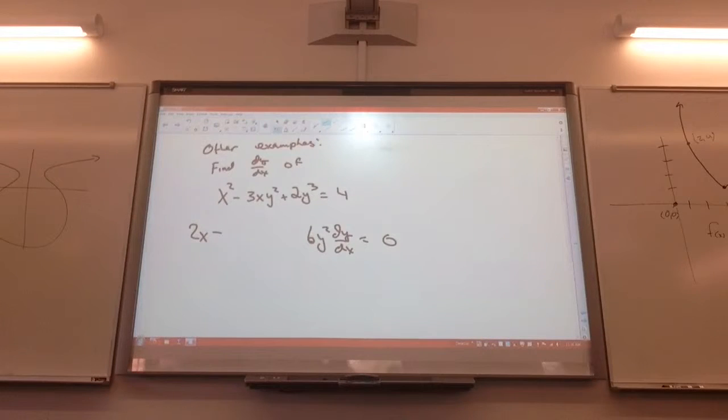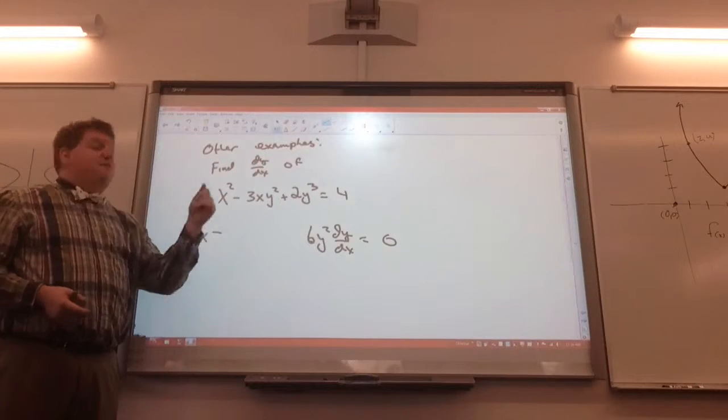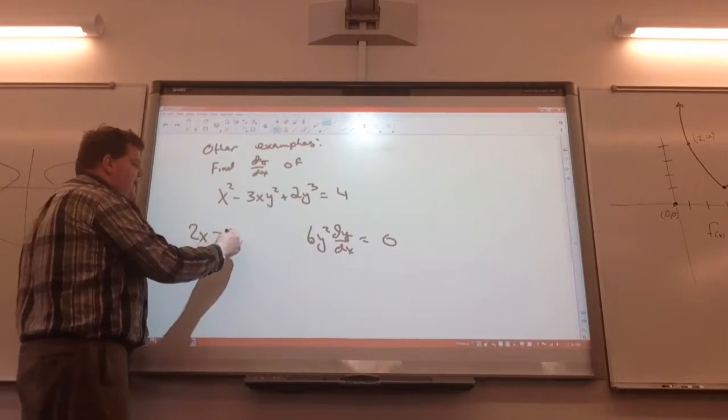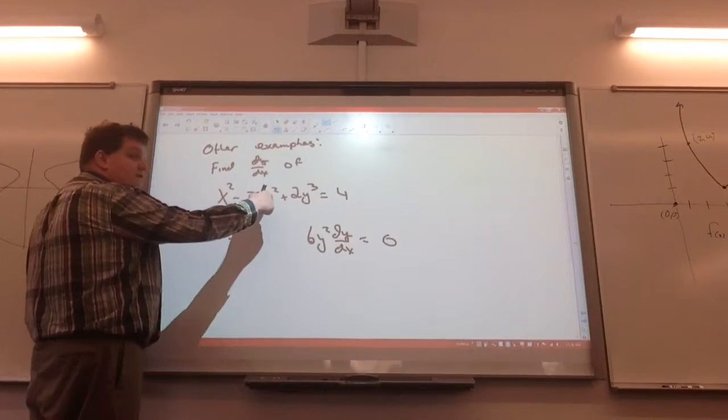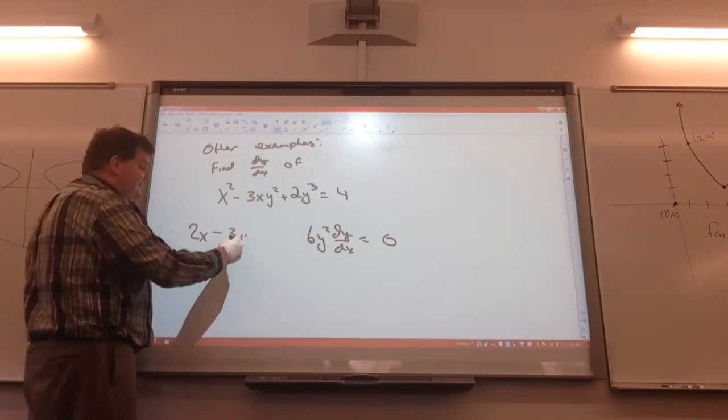How will we treat 3xy squared? We have an x and a y together now. That's two different things, right? It's a product rule. Good, David. So we keep the first thing the same, so it will be minus 3x times the derivative of the second thing, which is 2y dy by dx.